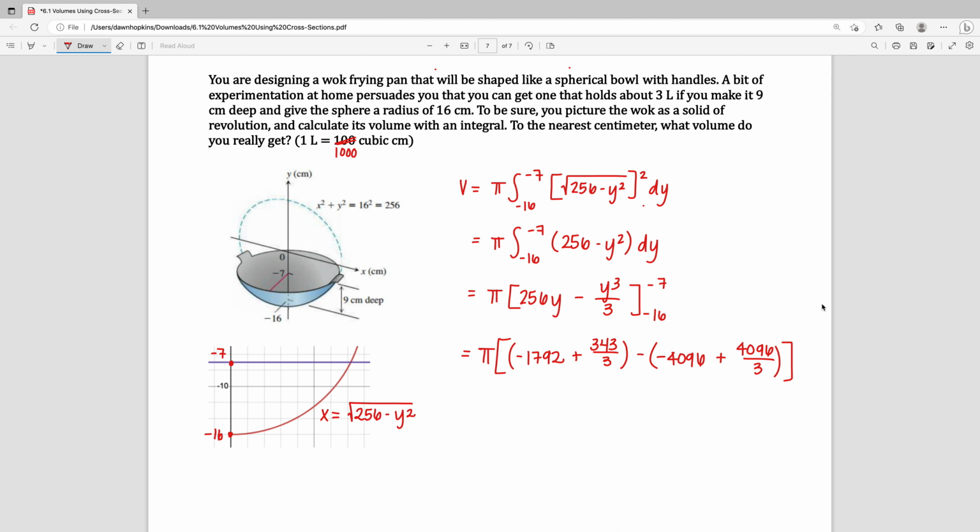If you work this one out, you're going to end up with 1,053 pi. And again, it's just some arithmetic from here on out.